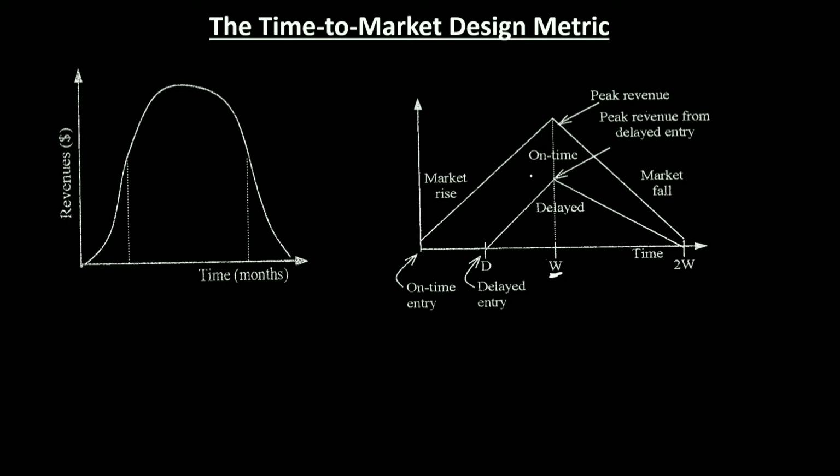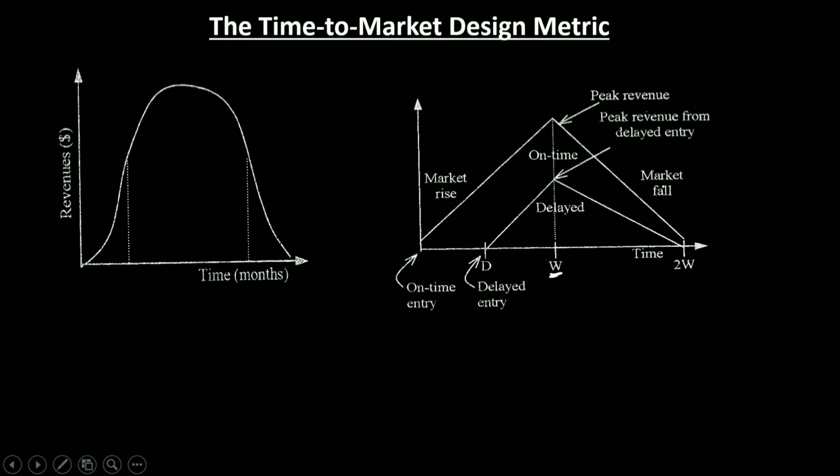We can simply find the area by half into base into height, and we can find the area of delayed triangle and on time triangle. The revenue loss for a delayed entry is just the difference of two triangle areas.